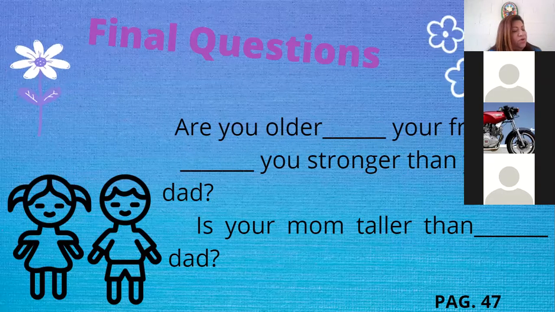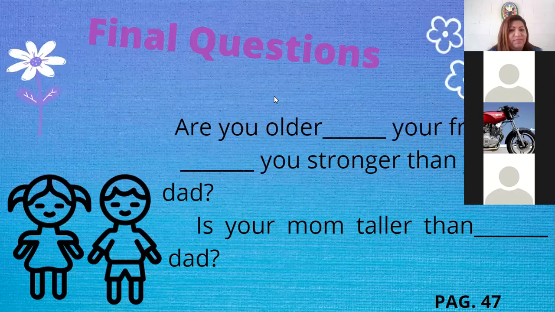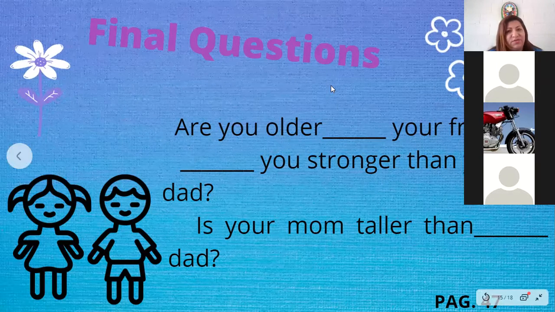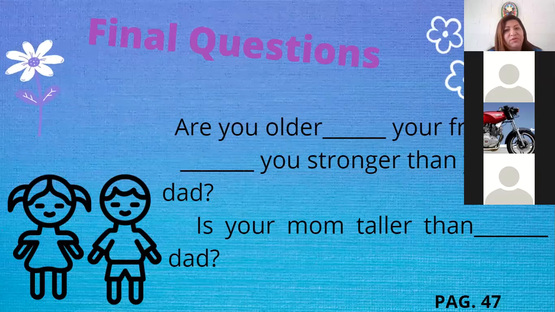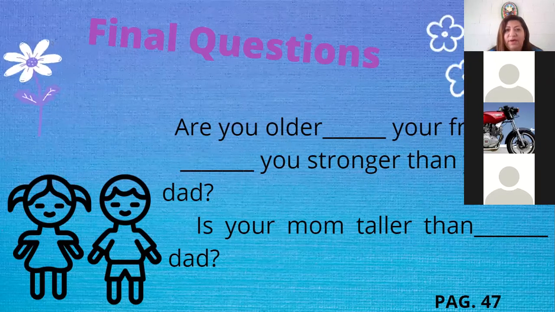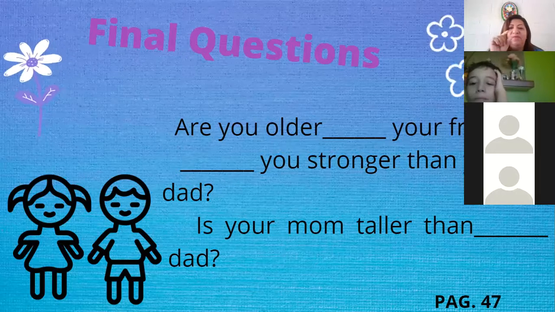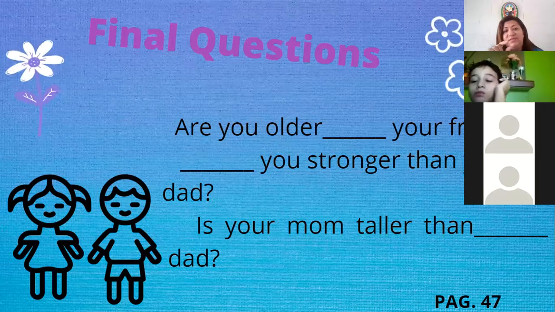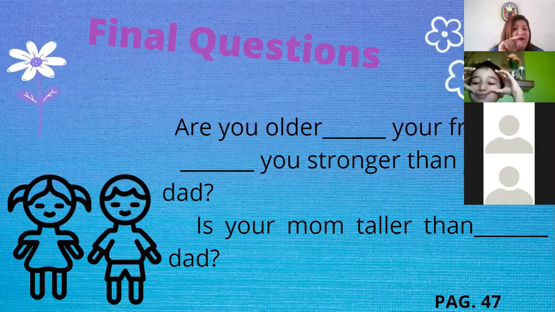Are they shorter than you? Yes, they are. No, they aren't. As you can see, we have the short answers. And those short answers could be yes or no, right? And the brief answer of is, isn't, we say are or aren't.